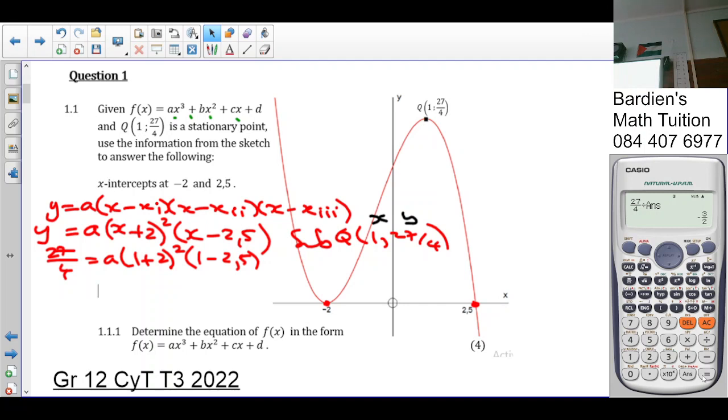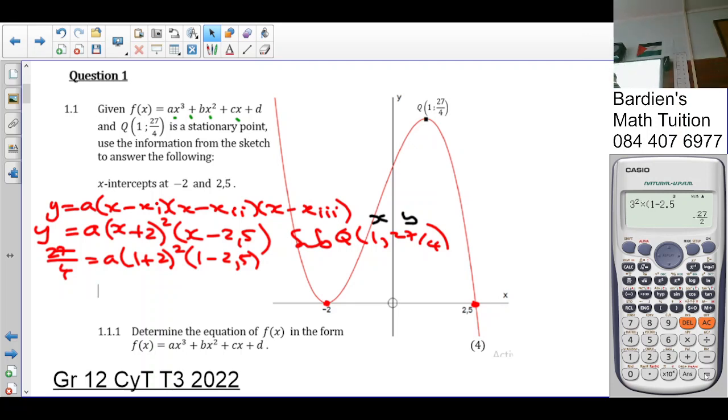I almost feel that is wrong. And the answer was a half. I put 3. Didn't I say 9? This was 3 squared. I didn't put the squared.